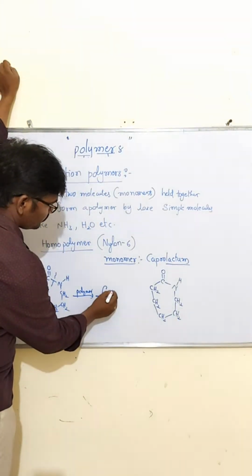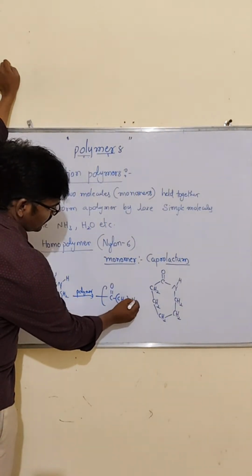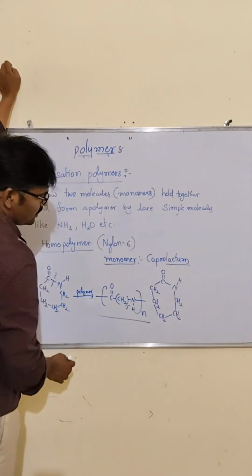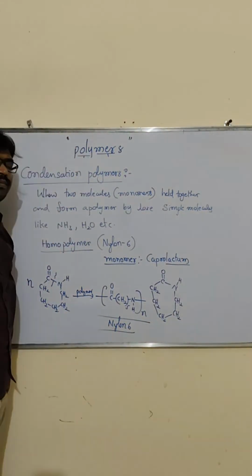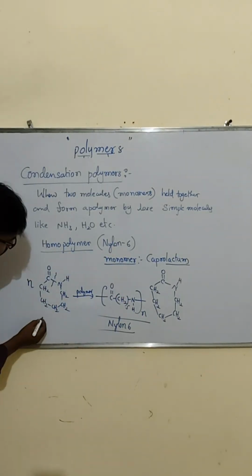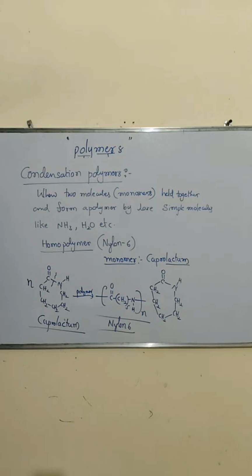Look at C double bond O, CH2s are 5, then NH bond, then close that. So this is what we call nylon 6. Nylon 6 is made up of caprolactam. ఏమంటున్నాం దీన్ని? Caprolactam. Clear, all of you? So this is one of the condensation polymers.